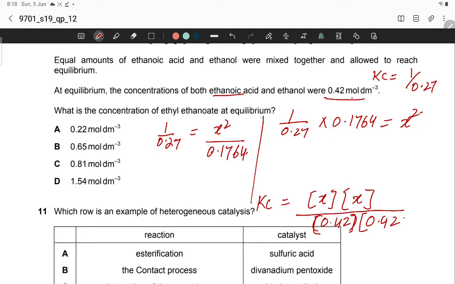So by taking square on both sides, this value will become 0.6533 is equal to x square.